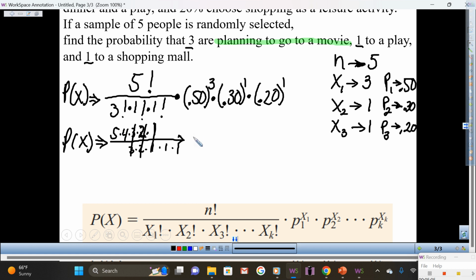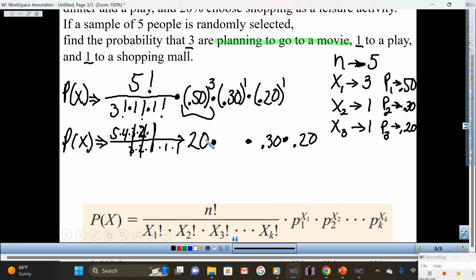This is 20 times this times that, which is 0.30 times 0.20. Who's got 0.50 to the third? Is it 12.5?